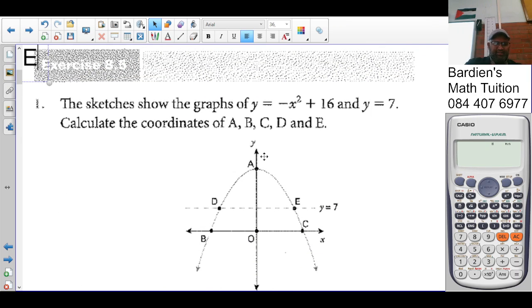So exercise, see my X is not working. This computer had its days.